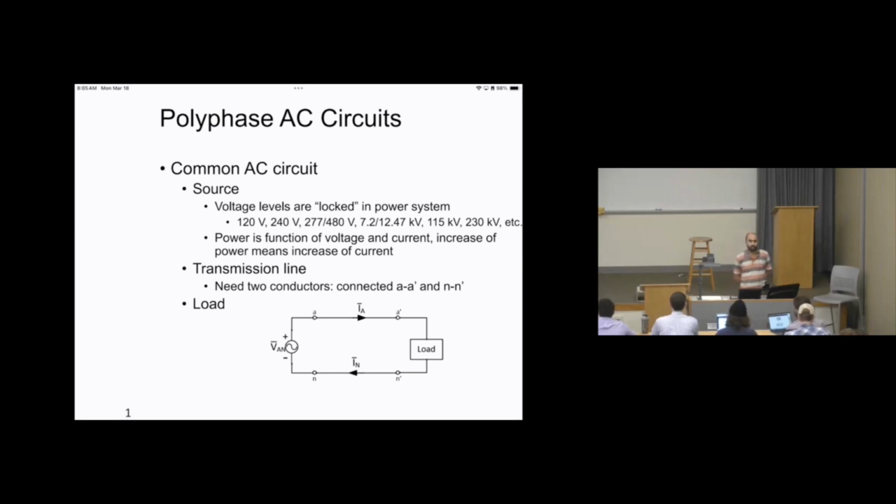While in the distribution area, it can be 7.2 kilovolts. It can be medium voltage such as 11 kilovolts or 12.47, and we have high voltage like 115 kilovolts, 230 kilovolts. We also have extra high voltage, 400 and above.